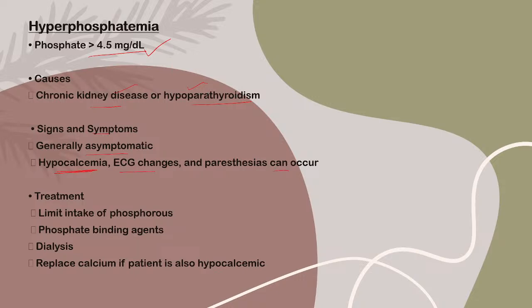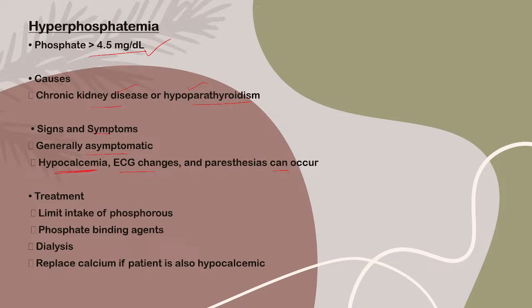Whenever phosphorus levels increase, calcium levels decrease inside the body. So whenever there is hyperphosphatemia, the patient will have hypocalcemia, sometimes paresthesia, and a few ECG changes. All right.